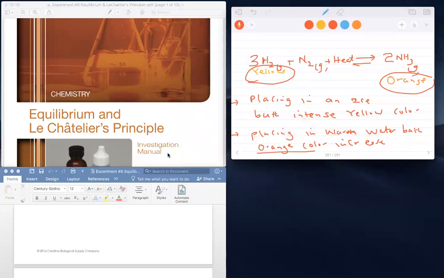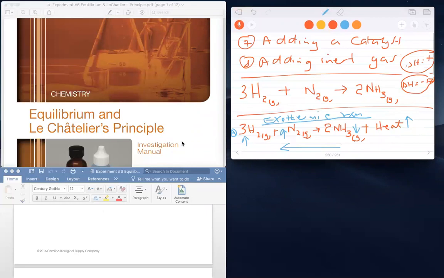So there are 2 objectives for today. It's not about these 6 or 8 stresses. I'm not going to talk about adding a catalyst. You can read on your own. I'm not going to talk about what happens when you add inert gas. If you look at the 8 stresses right there, if you didn't know there were 8 stresses, please just go and make your own notes.